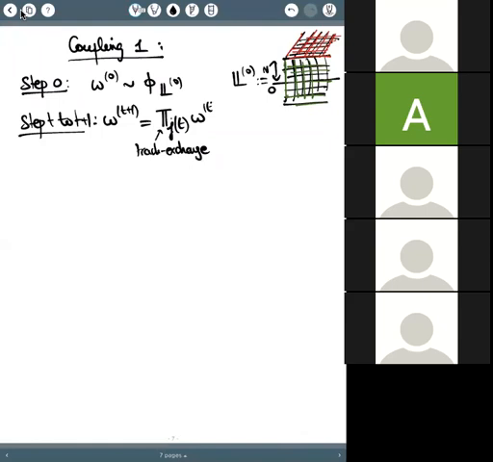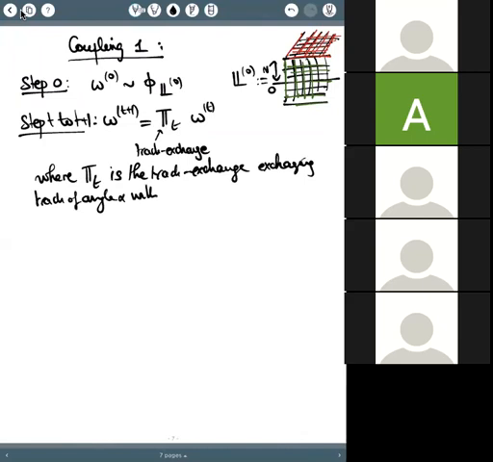It's going to be exchanging a track of angle alpha with a track of angle pi/2, that you get by basically starting with L0, bringing one track down. So the first step, for instance, is going to be exchanging this track. Then, as we said, we are going to do that with a track like that.